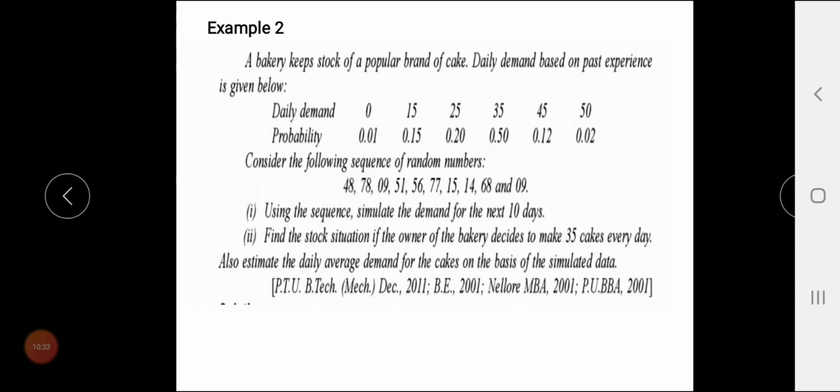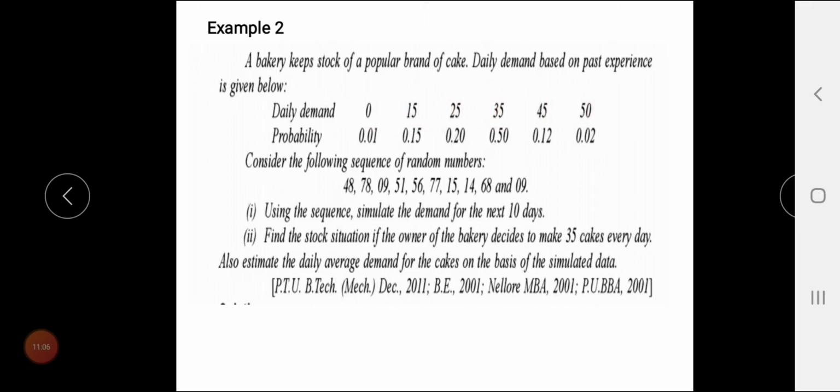A bakery keeps stock of a popular brand of cake. Daily demand based on past experience is given. So the demand is 0, 15, 25, 35, 45 and 50, and there is a probability for each. The demand may vary day to day.